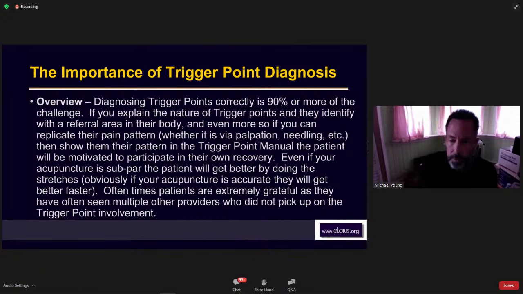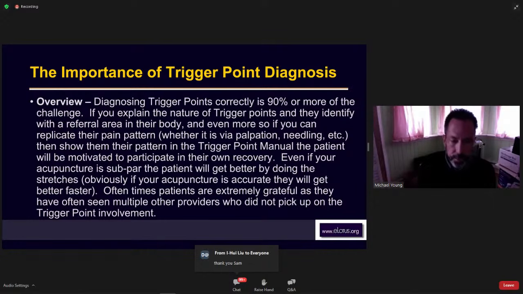And by differentiating which trigger point it is, you also differentiate the stretch. You can tell them what stretch to do. We'll go over stretches in detail, but getting the patient on board with the stretching is really important. Even if your acupuncture is subpar, the patient's going to get better by doing the stretches, if you diagnose it right.